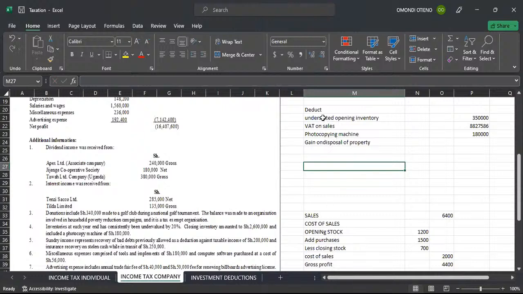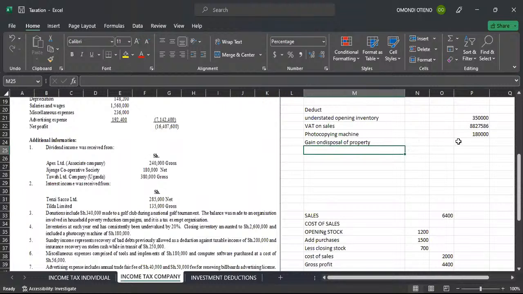Remember, deducting it here is just to rectify the mistake which was done. The only thing we are allowed to use to reduce the taxable income is the investment allowance that we are going to charge against the photocopying machine. We look at that table and check the rate which is operating. Then we subject the value of this photocopying machine to get investment allowances, which we are going to take care of in this particular place.